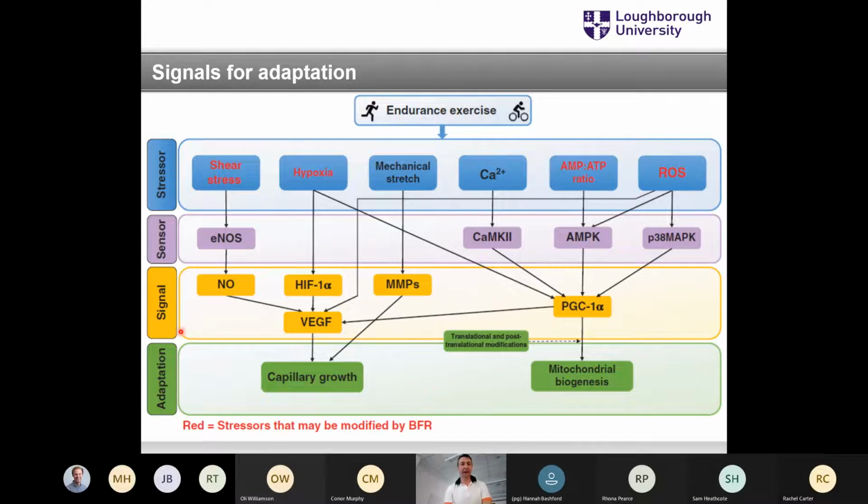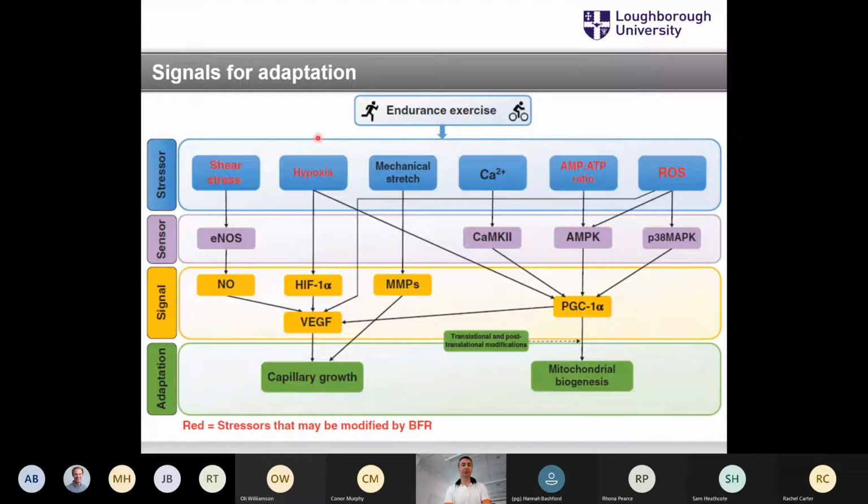And fundamentally, the exercise stressor itself, so exercise itself, is a physiological stressor. So that might be the flow of blood through the capillaries, or the change in the oxygenation state of the skeletal muscle, and of course the energetic response to exercise.